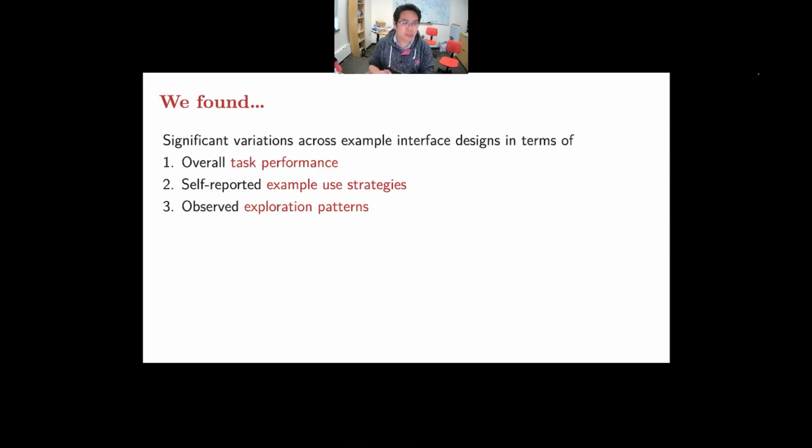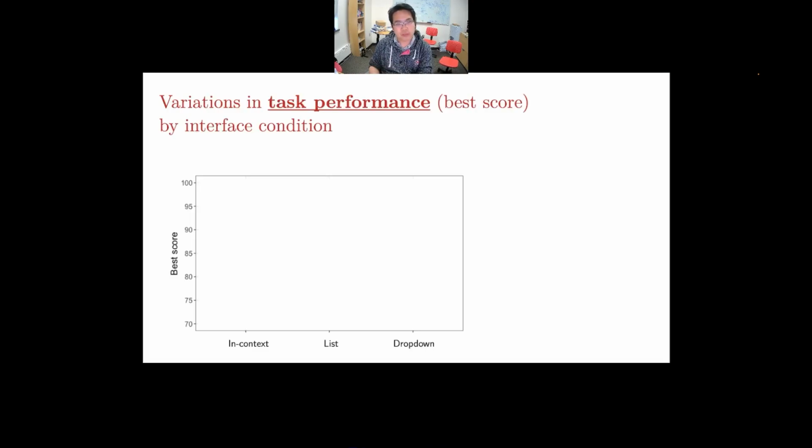So onto the results. We have 3 main sets of results. They're interesting to discuss. We do see significant variations across the interface designs in terms of task performance, example use strategies, and exploration patterns. So first, task performance. This is measured in terms of the best score that they were able to achieve during a trial. So on the y-axis here, we have the best score averaged across participants in each condition.